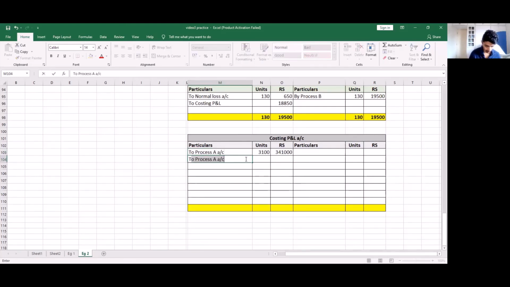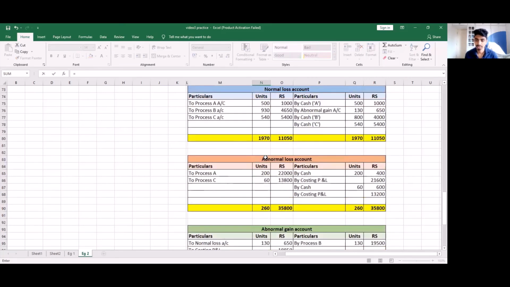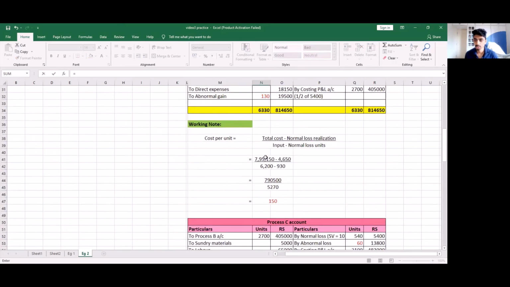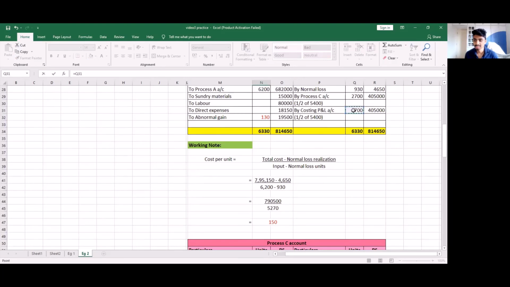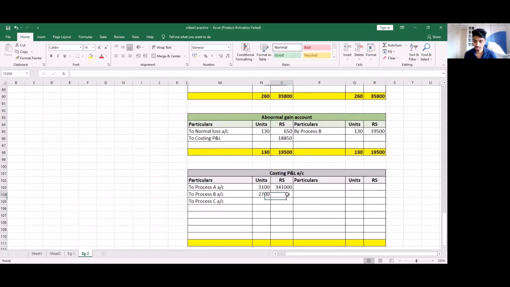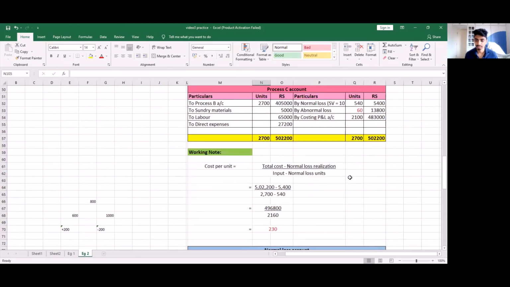Similarly, we will do the same for process B and process C. So for process B, we have units of sales as 2,700 and a value of 4,05,000. And finally, for process C, we have units as 2,100 and a value of 4,83,000.